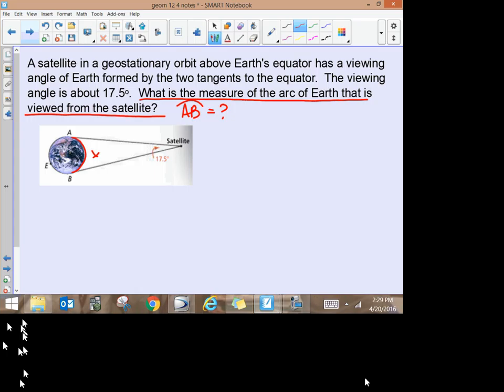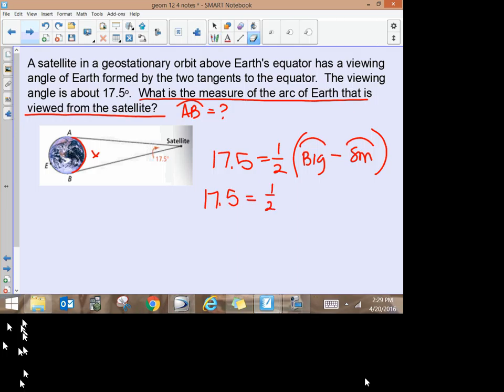Well, I know I'm outside here, so I'm going to take 1/2 the big arc minus the small arc. All right. 7 times 2, you want to do that right away? What is that, Maggie? Good job.